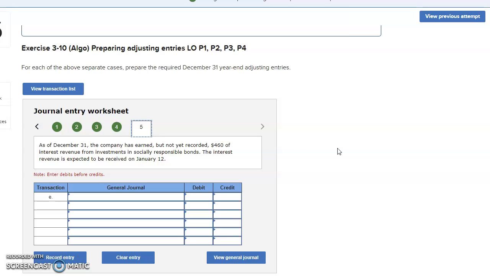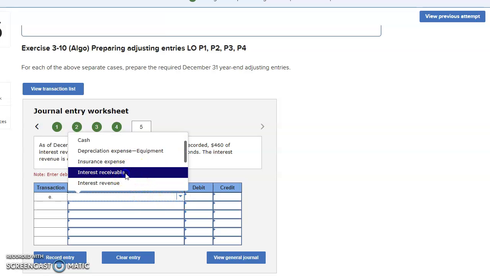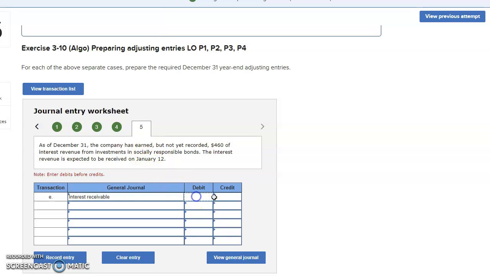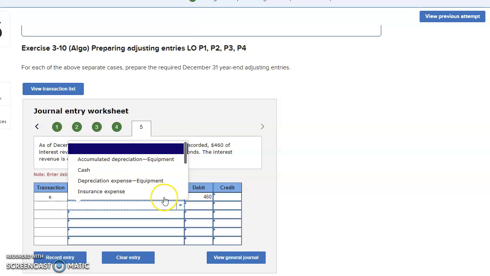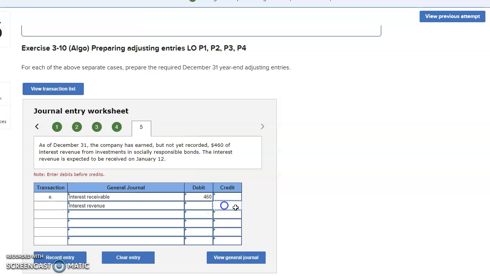So we still have to make the adjustment of these $460 by December 31st, which is interest receivable. So we're going to debit the interest receivable for $460, and then we are going to credit interest revenue for $460.